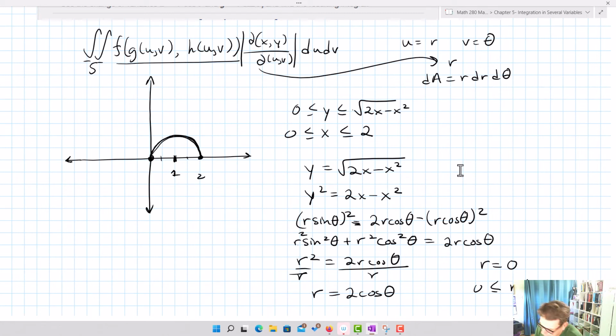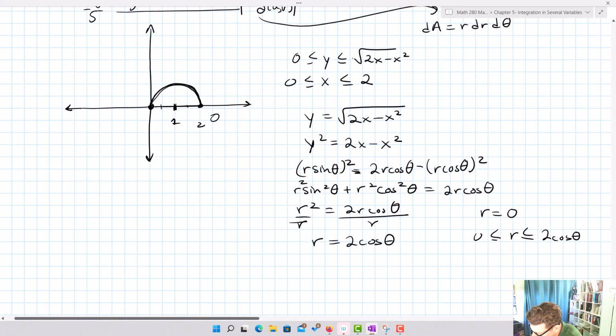So what we're looking for is going from theta equals 0. If I look here, r equals 2 cosine theta, it's going to go from r equals 2 to r equals 0. So here's r equals 0, here's r equals 2.